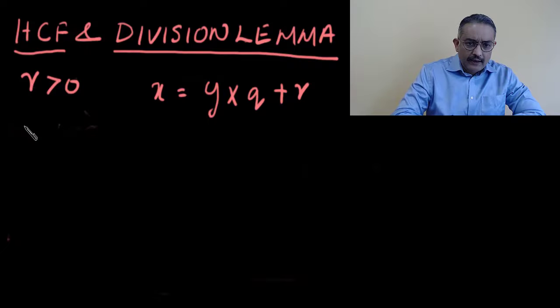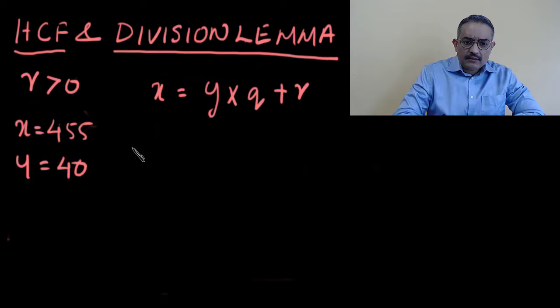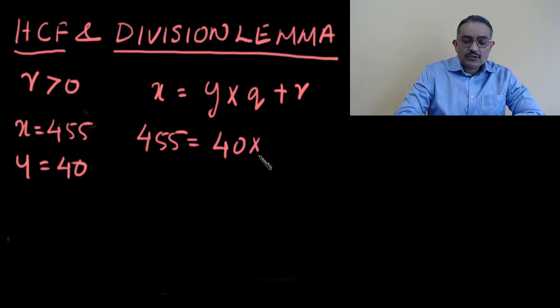Let's say x is equal to 455, y is equal to 40. Now let's apply this to the equation. 455 is equal to 40 times, we have to find the q by long division.